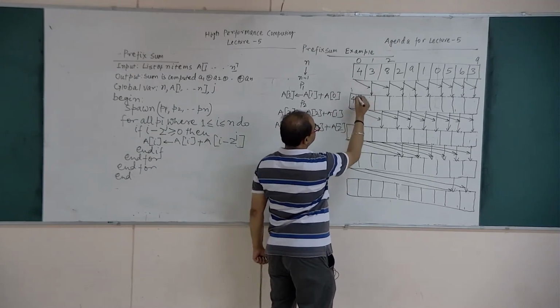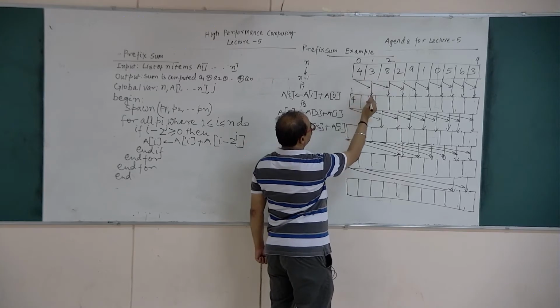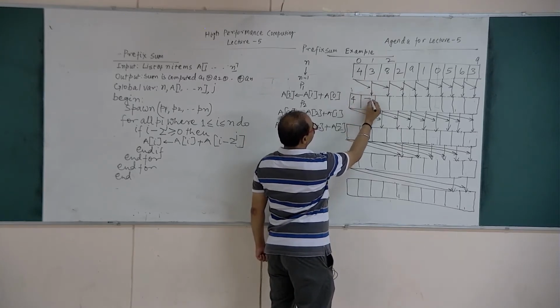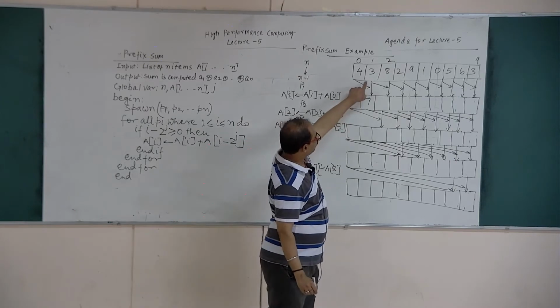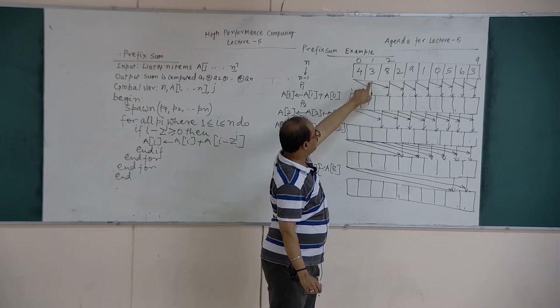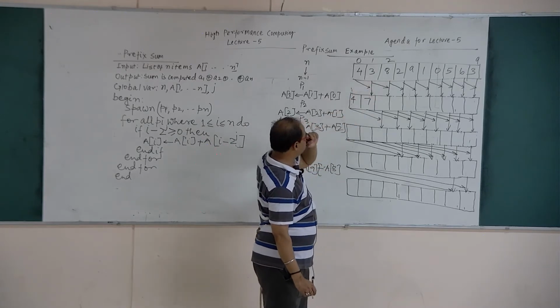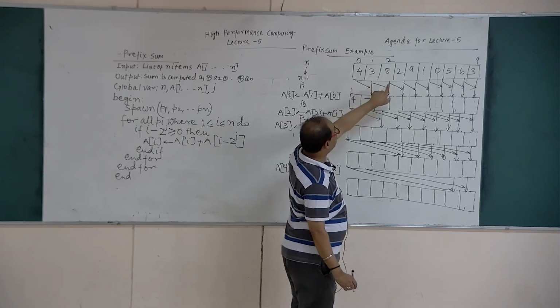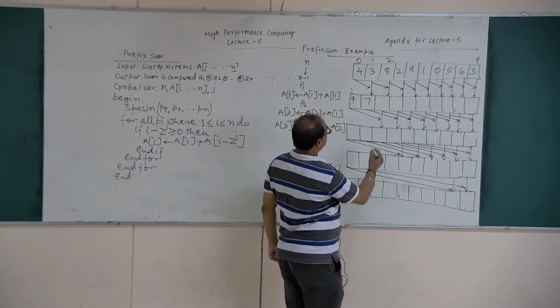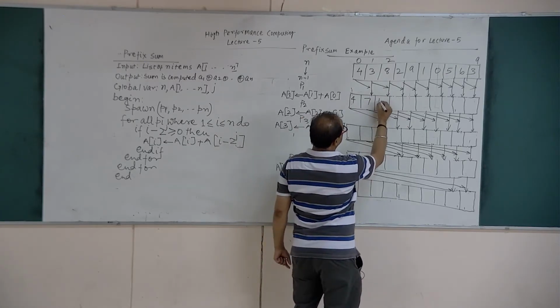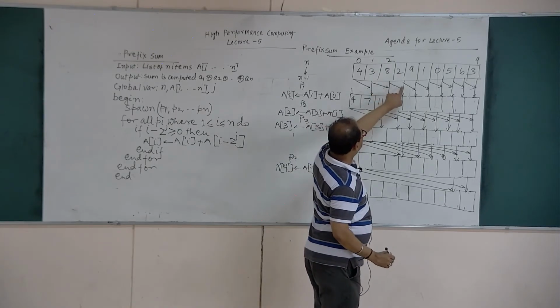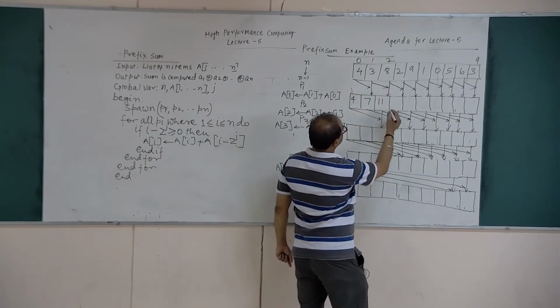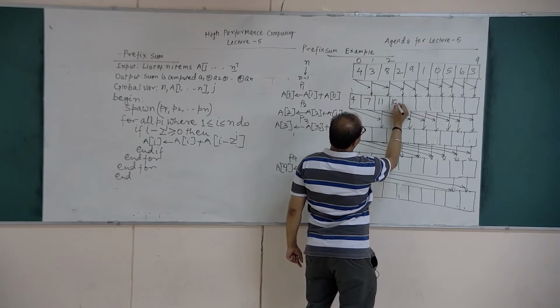So 4 is taken as it is, and then 4 is added with 3, so it becomes 7. And then the shared memory has the value at location A1 as 3. So now 3 will be added with 8, so you will get 11. 8 is added with 2 at the next location, so it will be 10.